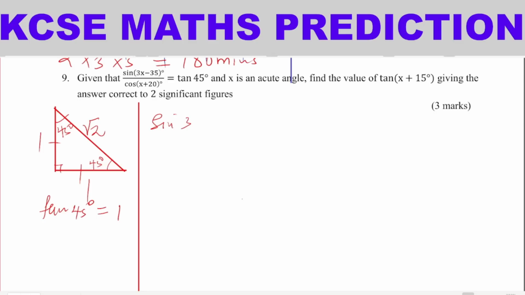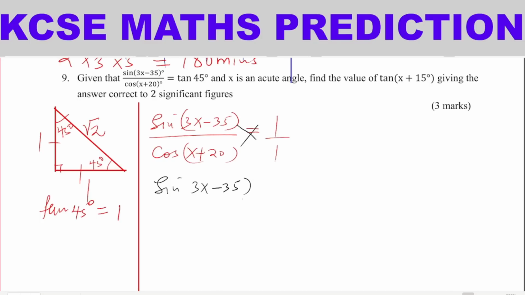sine of (3x minus 35) divided by cosine of (x plus 20) degrees is equal to tangent of 45, which is 1. After getting that, you can cross multiply. So sine of (3x minus 35) is equal to cosine of (x plus 20).